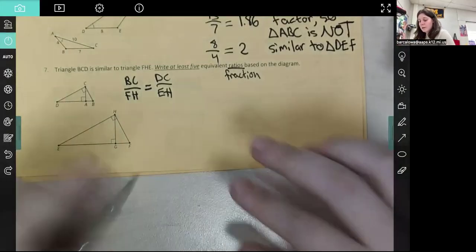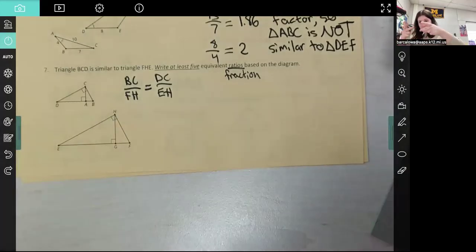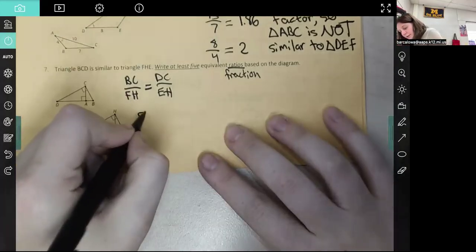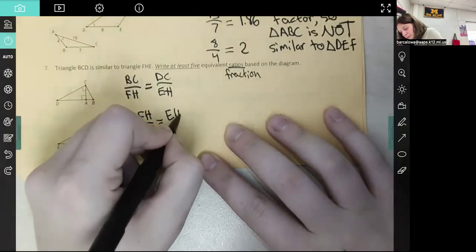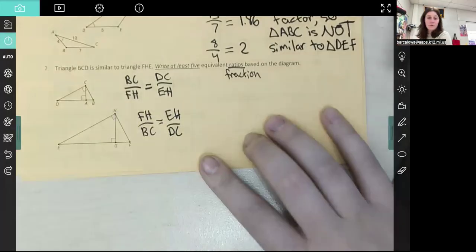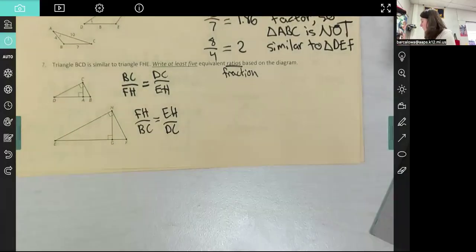All right, so this was small triangle over big triangle. I could also flip that over and say FH over BC is equal to EH over DC. That's also true. Okay, any pair of corresponding sides, you can write them like this.